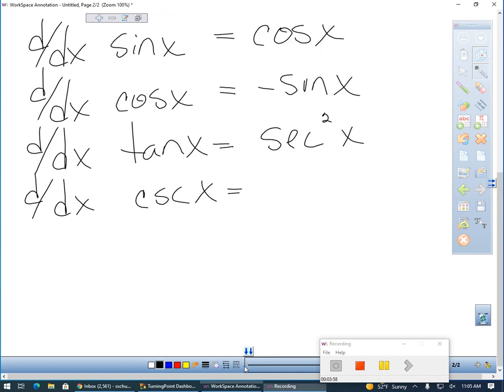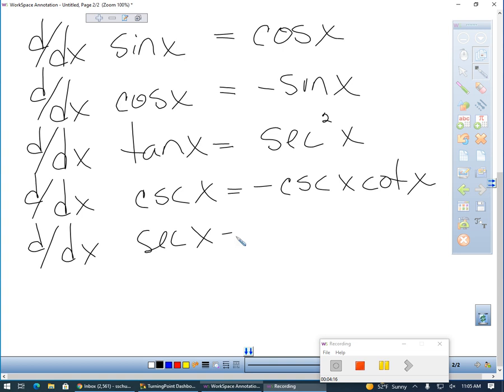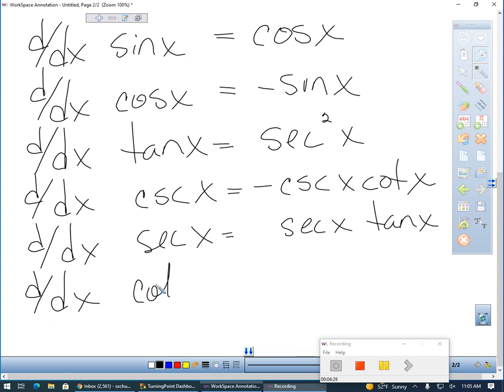The derivative of cosecant x is negative cosecant x cotangent x. The derivative of secant x is secant x tangent x. And the last one, what's the only derivative I haven't done yet? Cotangent, perfect. The derivative of cotangent is going to be negative cosecant squared x.